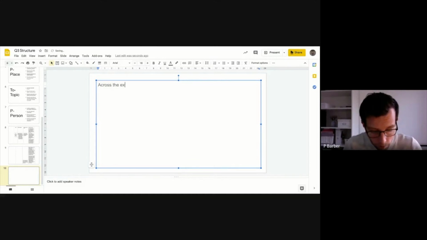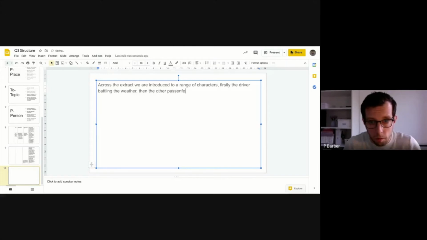Across the extract, we are introduced to a range of characters. Firstly, the driver battling the weather, then the other passengers, and finally the lead character, Mary.